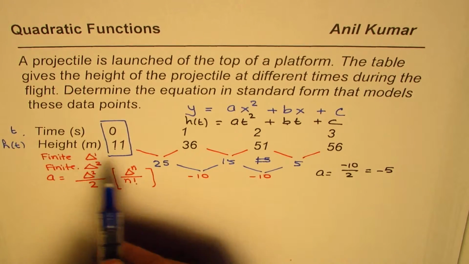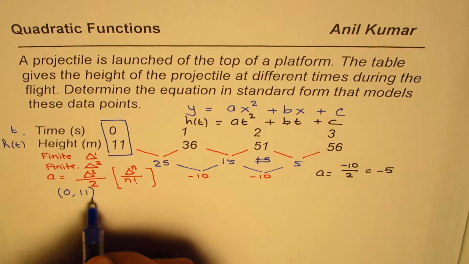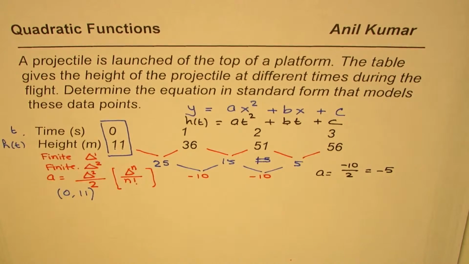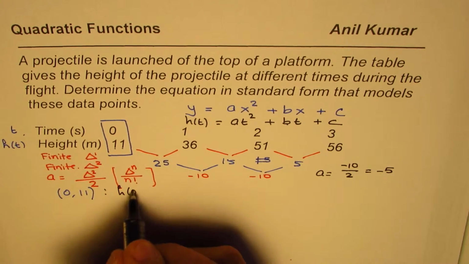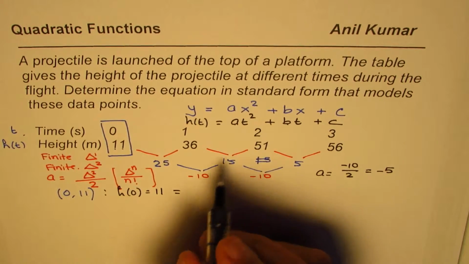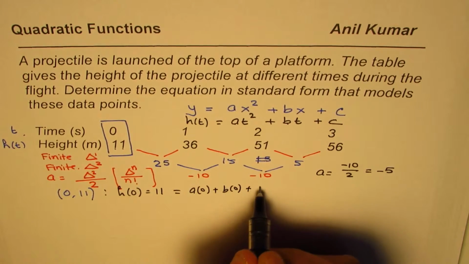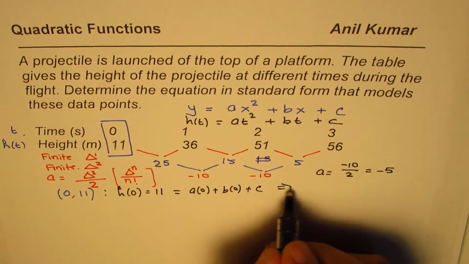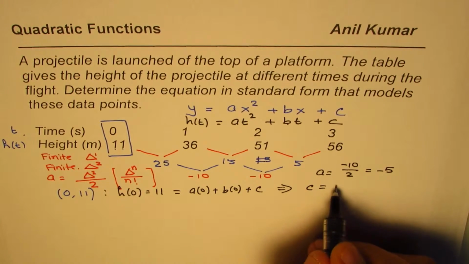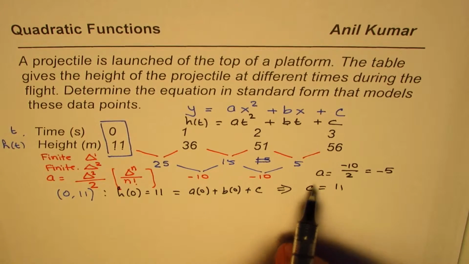So h of 0 equals 11. Substituting 0, I get a times 0 plus b times 0 plus c, and that gives us the value of c as 11. You get the idea, right? I'm using a slightly different method to find the equation, but this is a very efficient way of doing it.